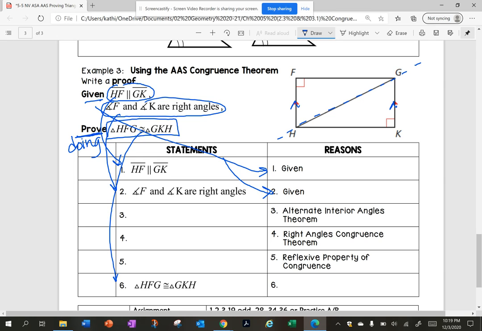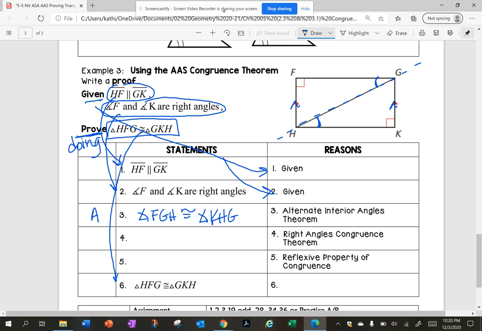I can say that angle FGH is congruent to angle KHG because of alternate interior angles if I have parallel lines. So this is one of my angles.